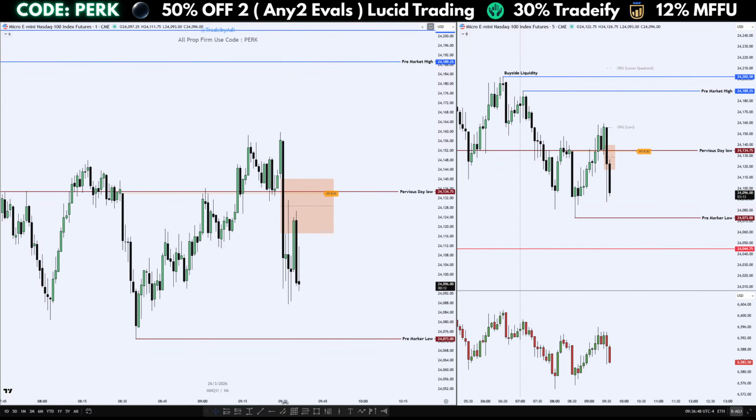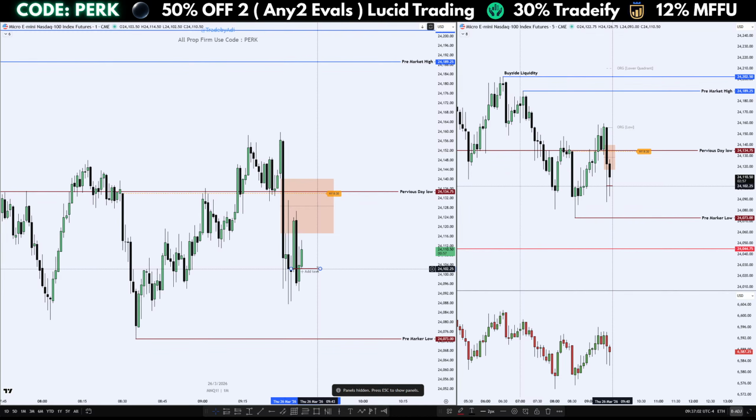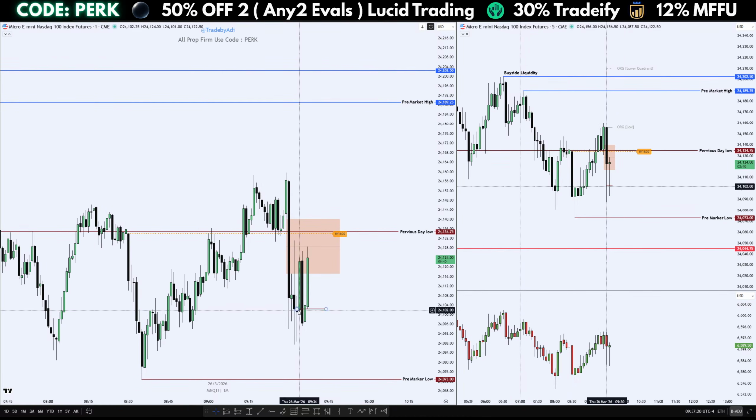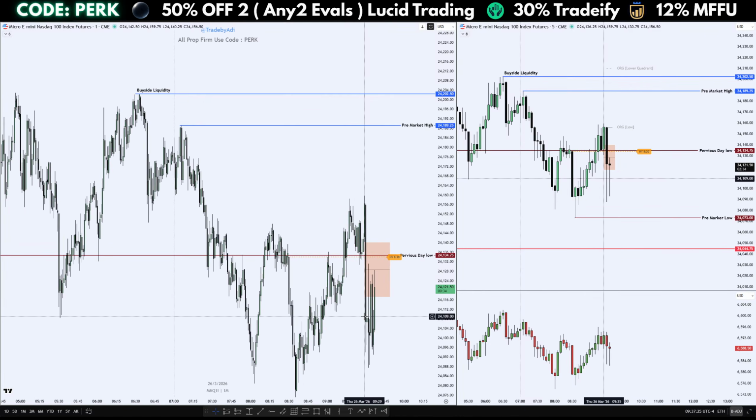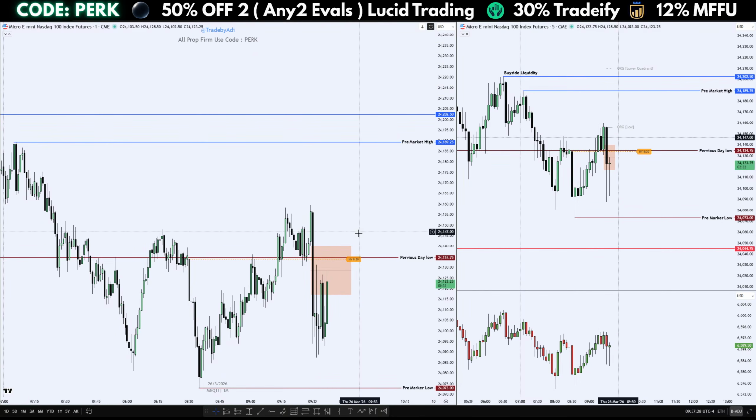But right now, we have formed the order block. Let's see. We still need more information rather than punching random orders.